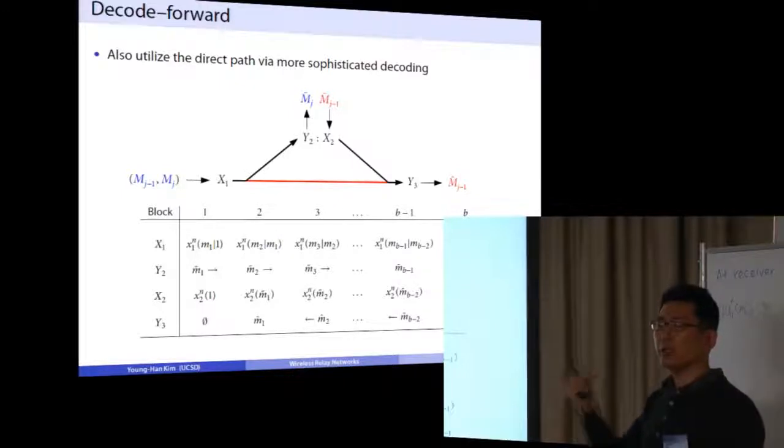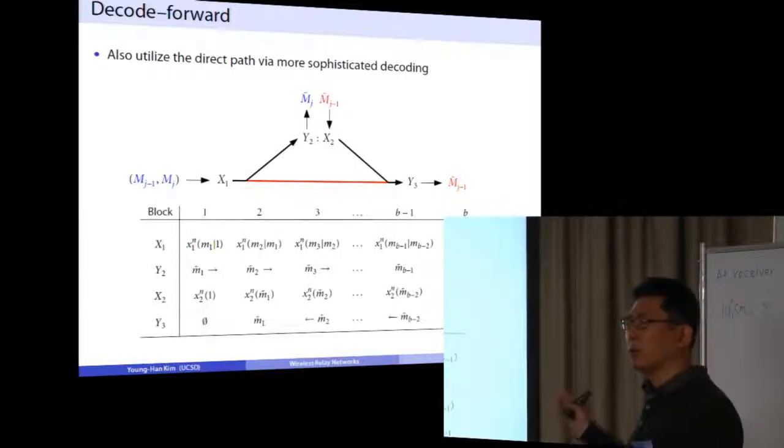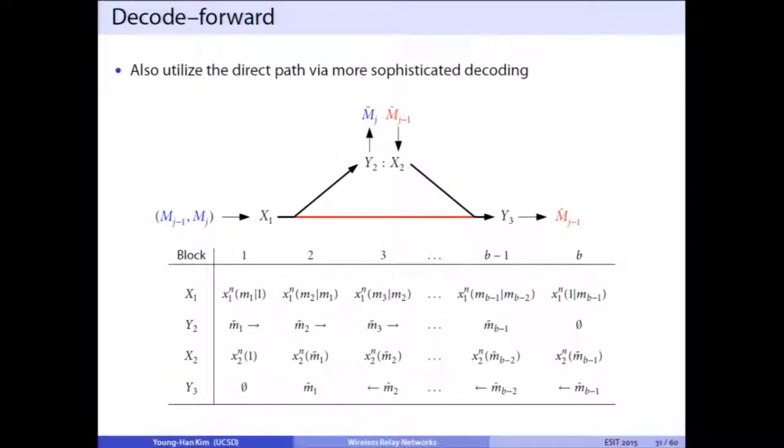And at each stage, we have to deal with a single message, which we treated as interference before for the signal coming from X1. So at every stage, there is a single uncertainty, and the information transfer we can have from both X1 and X2 to Y3 is I(X1, X2; Y3). So this is the idea of decode forward.